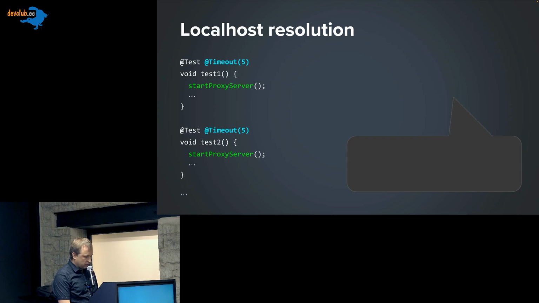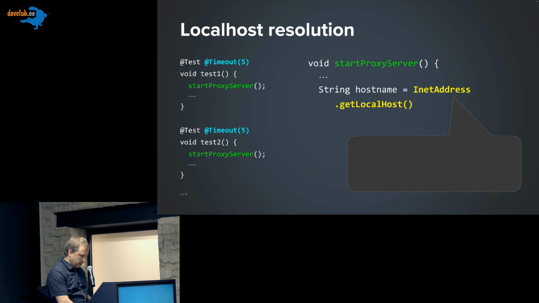In the end, I found out that the root cause was in this method that starts the proxy server. It wants to start a proxy server on localhost on a random free port. And in the beginning, it tried to resolve the name of localhost, which in most cases is localhost or Andrei local, something like that. But the problem is that this method, especially on Mac OS, can work very slowly.